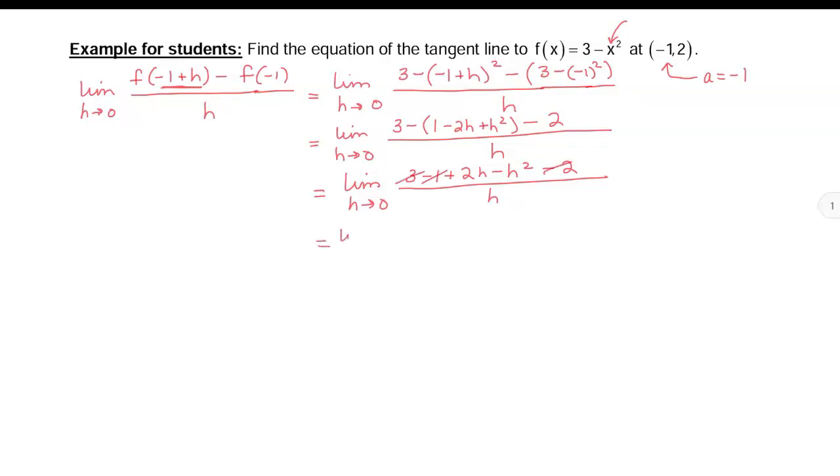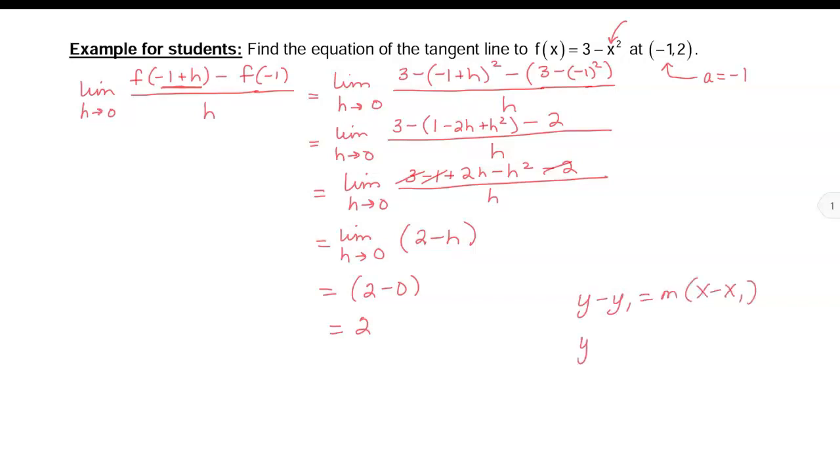And now in the numerator, I have terms that all contain an h. So I'm going to divide through by h, and I will get 2 minus h. So the limit as h goes to 0 is 2 minus 0, or 2. So 2 is the slope of the line, and I'm going to use point slope form to write my answer.